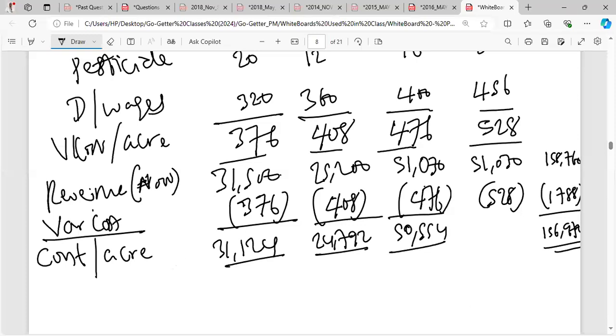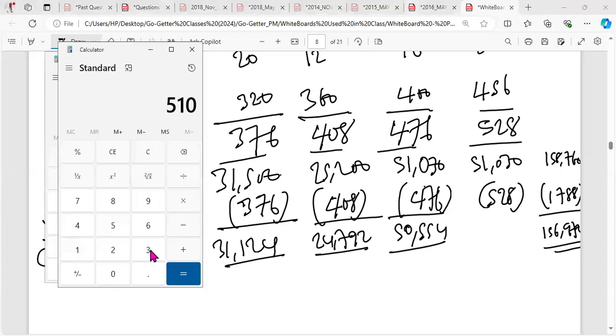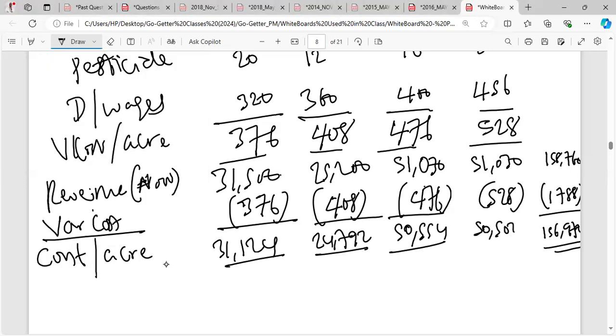And the last one there, 51,030 minus 528. That will give me 50,502. And of course, here we have our contribution per acre.